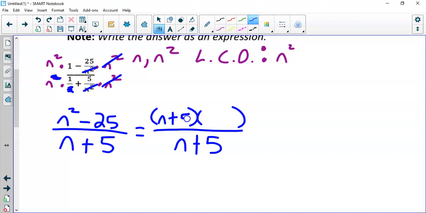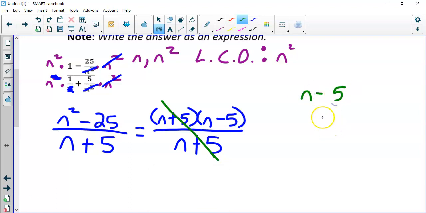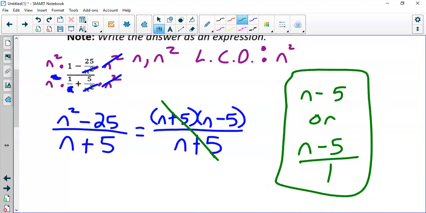N plus 5, and n minus 5. Good. So what is canceling out? So what are we left with? N minus 5, or you can call it the other form. Either one. All the samesies.